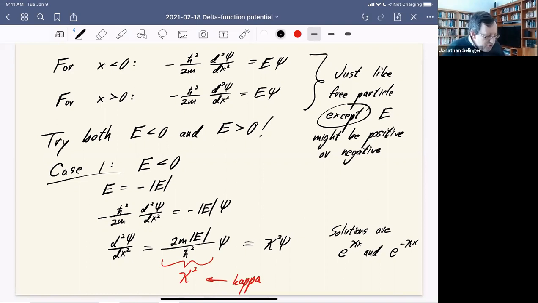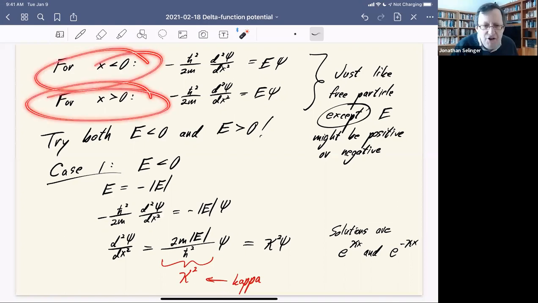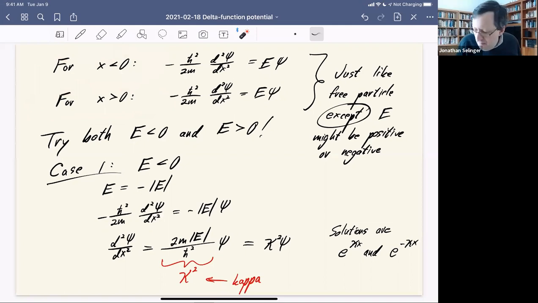So our solution has to be one coefficient times the first thing plus one coefficient times the second thing. Now, we need to do this solution for x negative and x positive, right? That's our two places where we're solving it. Okay? In both of those places, we have these solutions with coefficients, but the coefficients might be different when x is negative and x is positive.